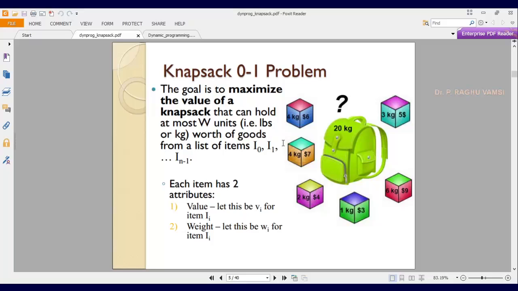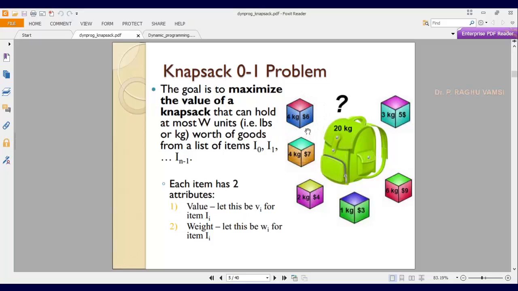So there exists a total list of items. You have a 20 kg bag and several items, and you are supposed to place these items in the bag. Each item has a certain weight, and along with the weight, a benefit is also available.